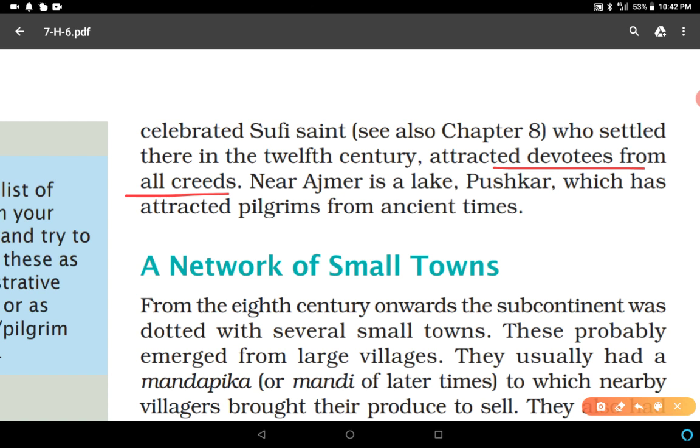People belonging to different religious communities go to this particular place, and near Ajmer is the lake Pushkar, which has attracted pilgrims from ancient times.